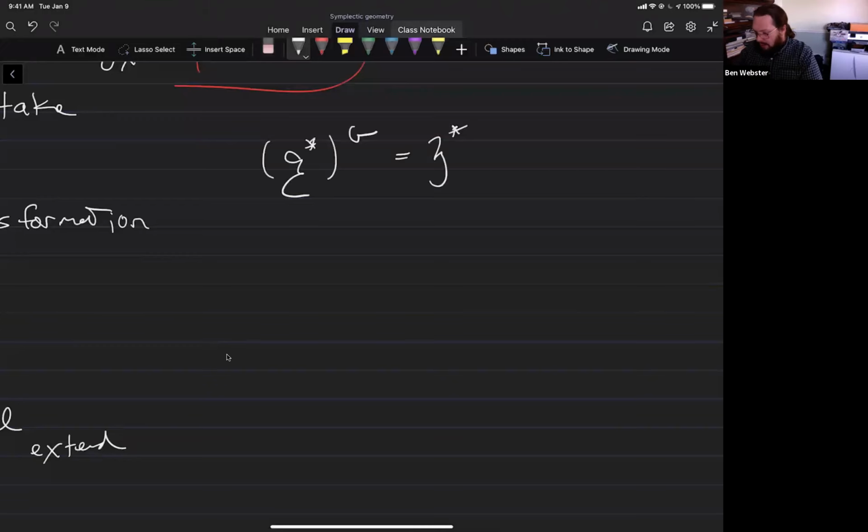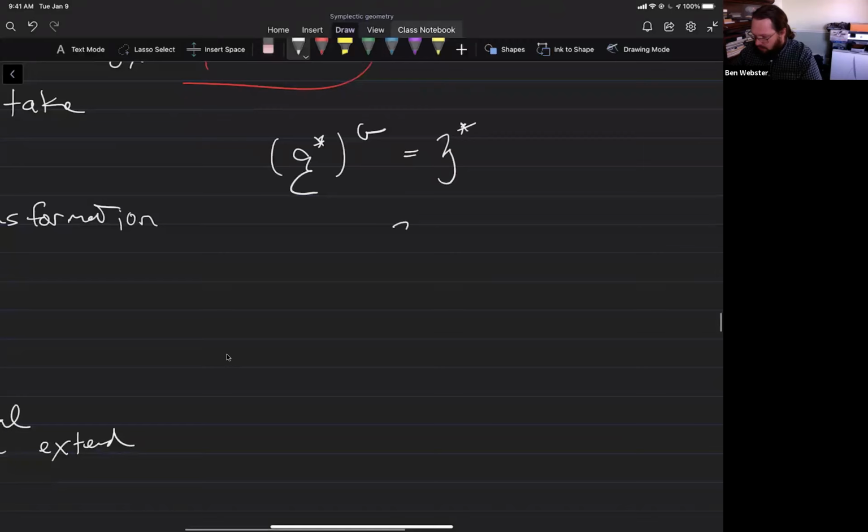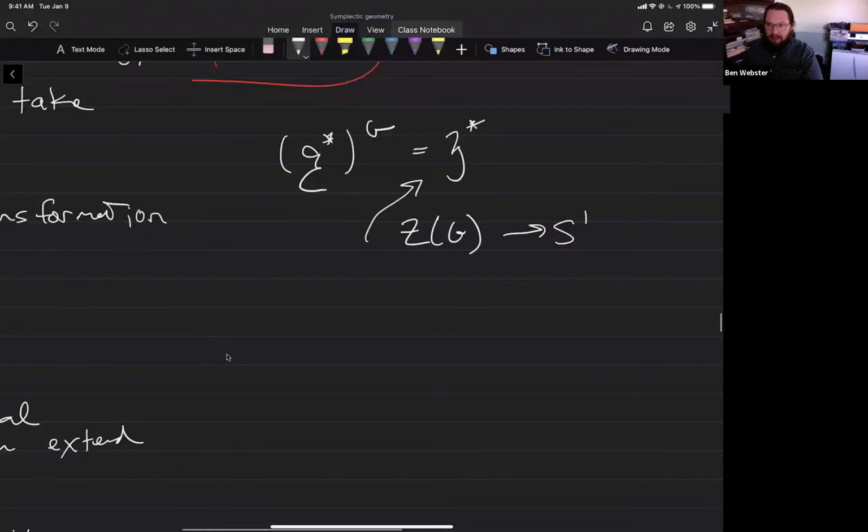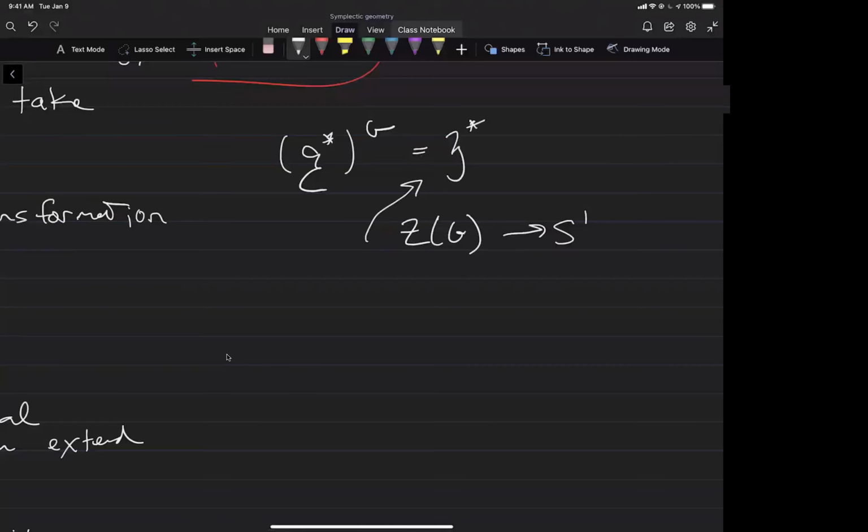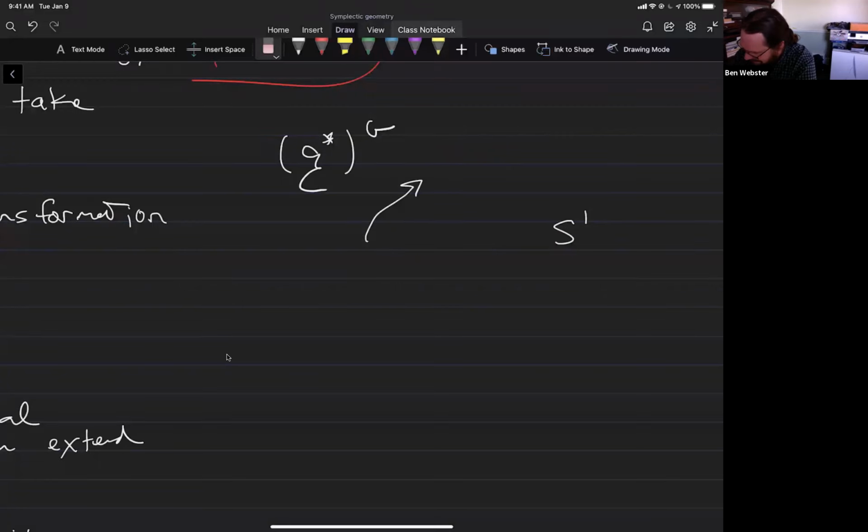So if I have an actual map from the center of my group to S1, then the derivative of that lies inside the dual of the Lie algebra. Well, no, that's the wrong thing. Sorry, I don't want to think about it that way.